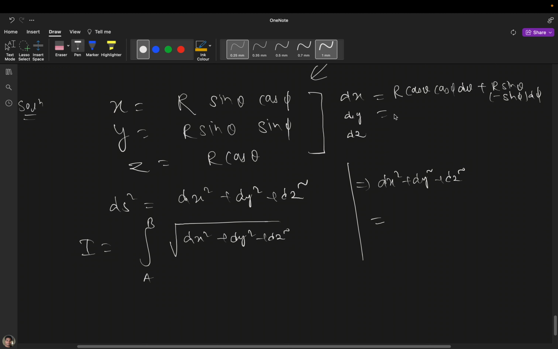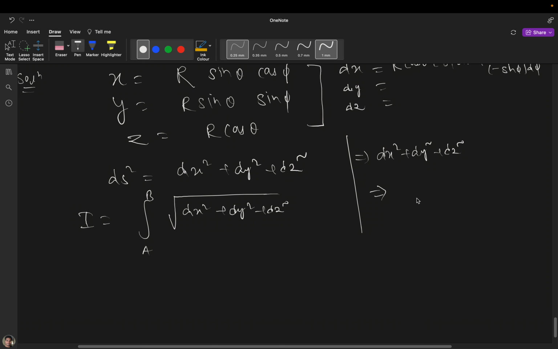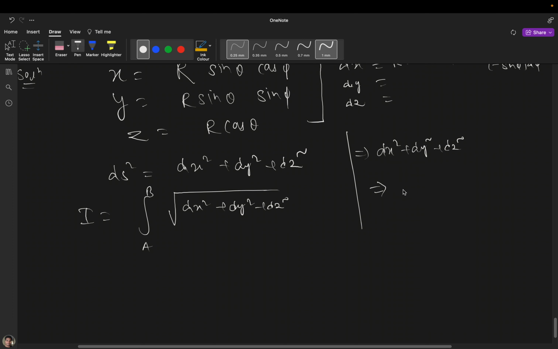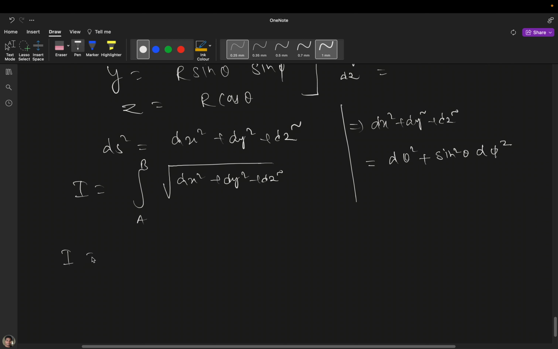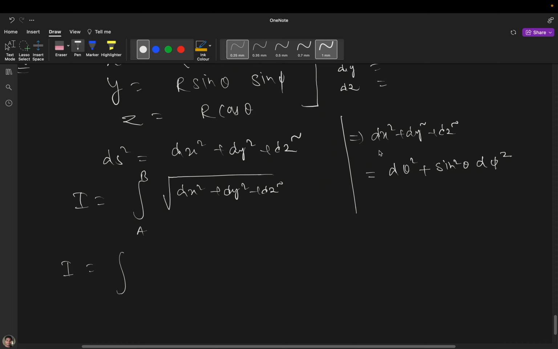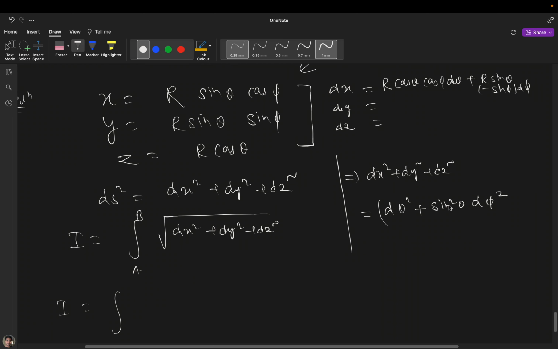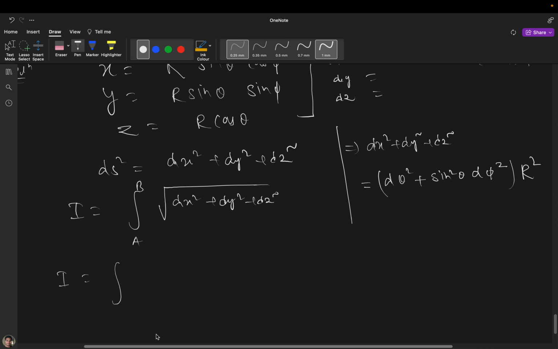Similarly you have to do for dy and dz, and when you put everything together, dx square plus dy square plus dz square will become r square times d theta square plus sin square theta d phi square. Yes, r will also be there.